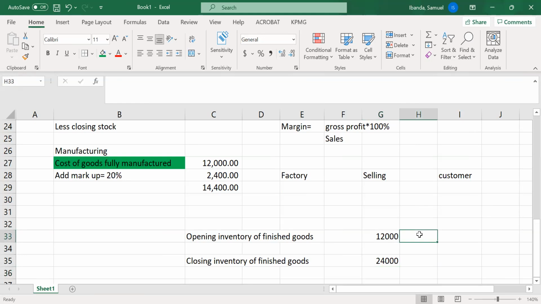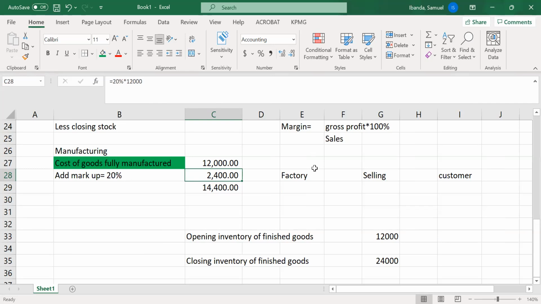Right now we understand what markup is, like for example, what I've given you. Like I said, when you transfer goods at a markup, it does not only end there. Because we are transferring these goods at a markup, there will be some goods that remain unsold. For those goods, we have to calculate the provision on the unrealized profit, because if they have not been sold, we have not realized the profit.